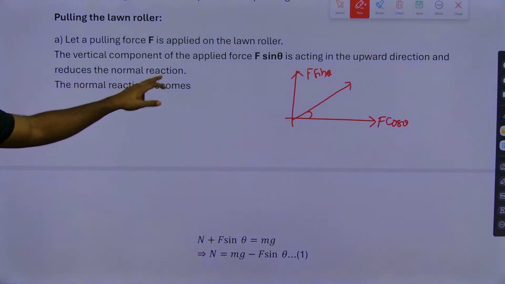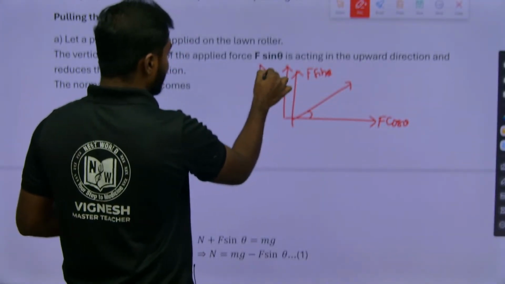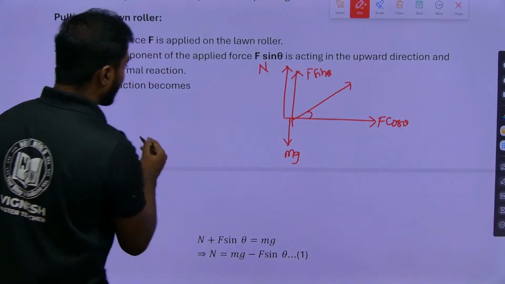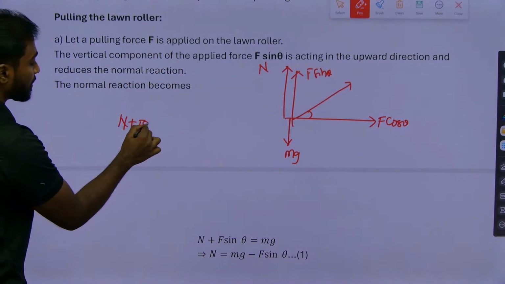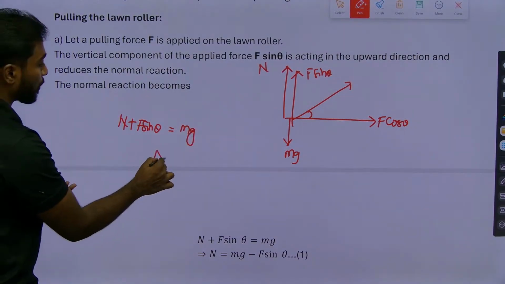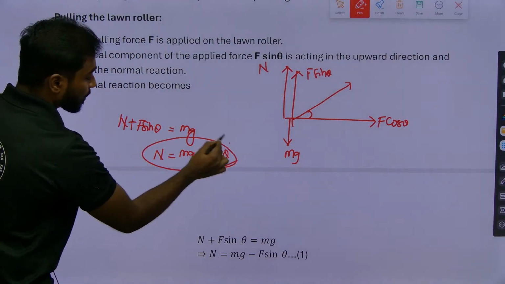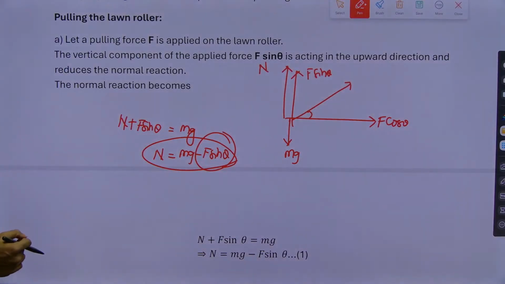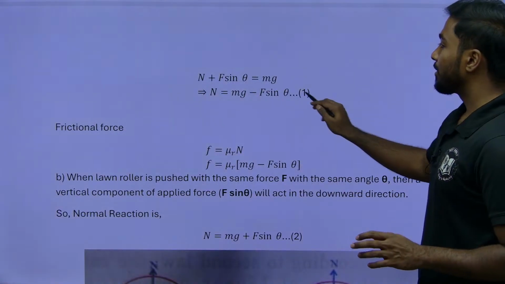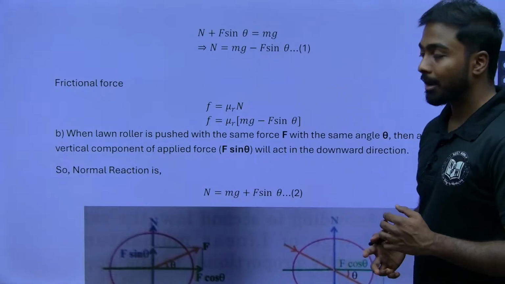So the normal reaction becomes, this is N, and downward it will be mg. So N plus F sin theta will be equal to mg. What is the normal force now? It is mg minus F sin theta. Is it reducing? Yes, because the minus term is acting there. So N plus F sin theta equals mg, where N equals mg minus F sin theta.